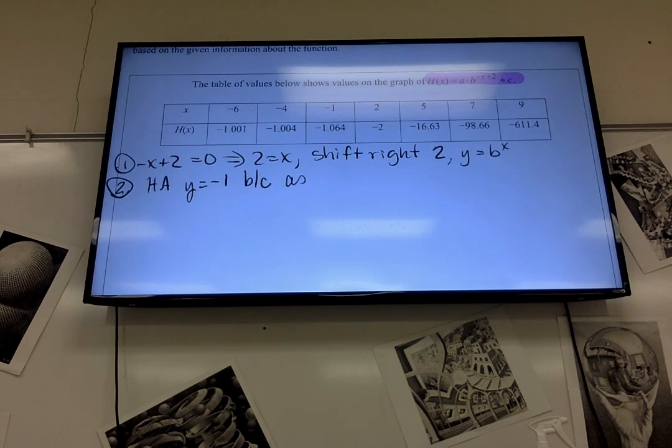Yeah, because as x approaches negative infinity, h of x approaches -1. So basically, this number is getting closer and closer to -1 as I go to the left. Excellent.